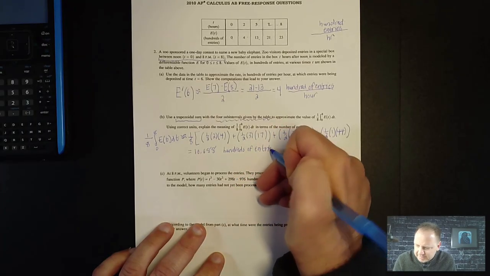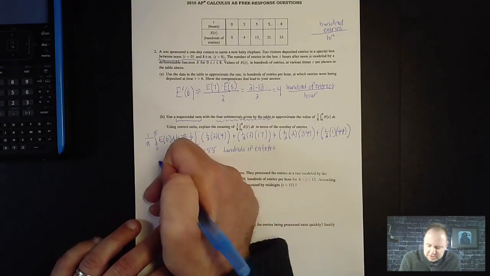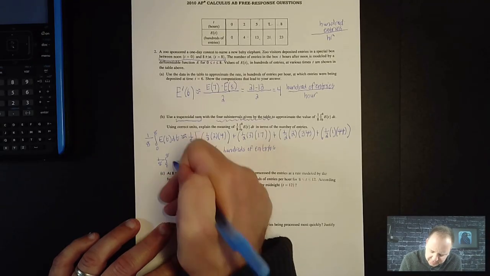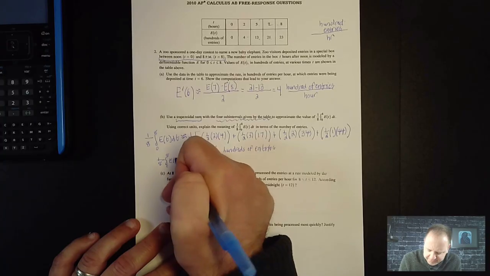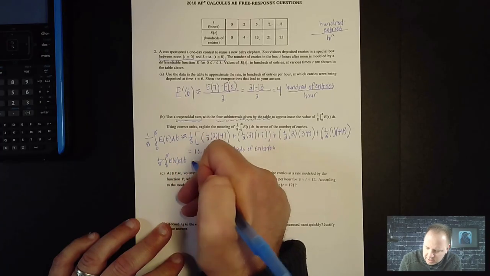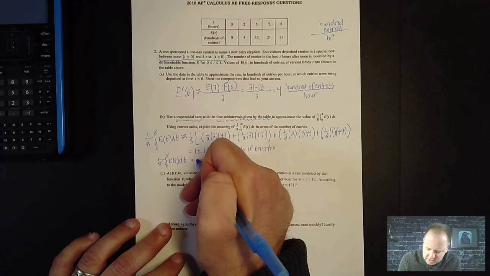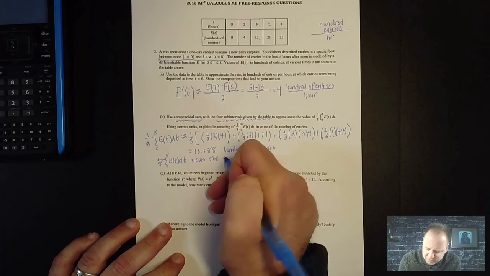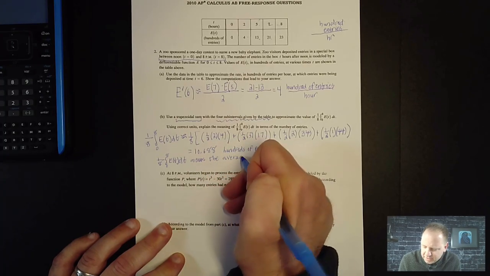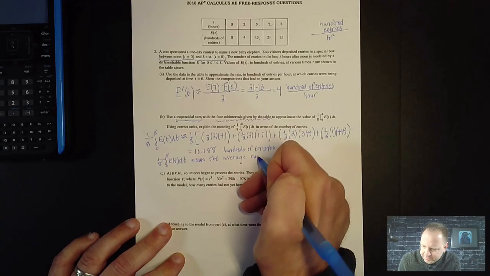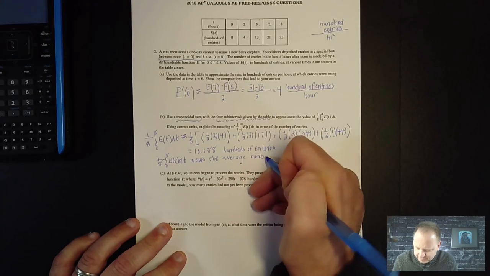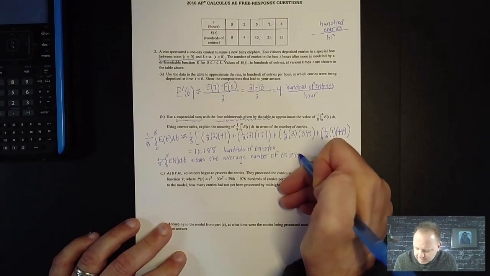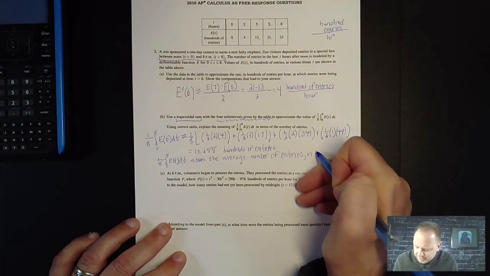So let's interpret this. Just use their notation. 1 over 8 times the integral from 0 to 8 of E of t dt means, remember, this is an average value, so it means the average number of entries in hundreds.